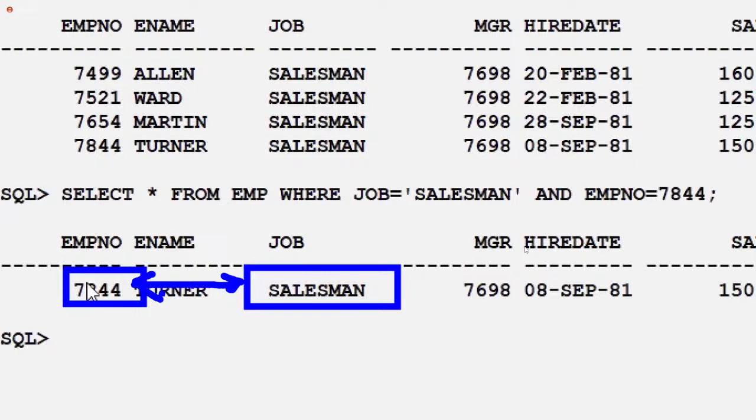Suppose your conditional data is in different rows. One conditional value is in one row, another conditional value is in another row. So if your required conditional values are in two or more different rows, then if you want to pick those data, use an OR operator.